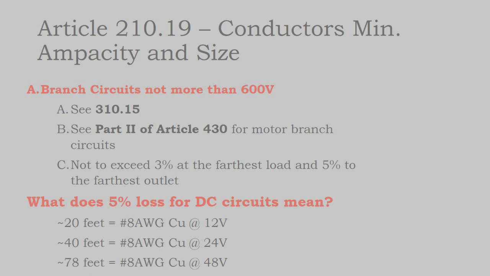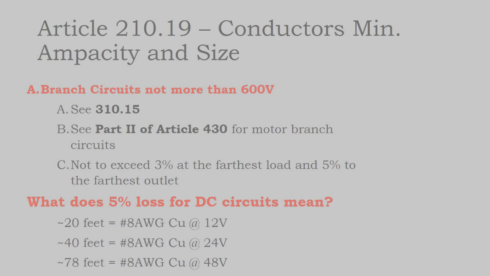So what does this mean? What does a 5% voltage drop really mean? What I'm thinking about is tiny homes or RVs. People say, I want to convert my clubhouse or my tree house or my hunting cabin or hunting shack into a solar array, and I want to run it off a 12-volt battery.